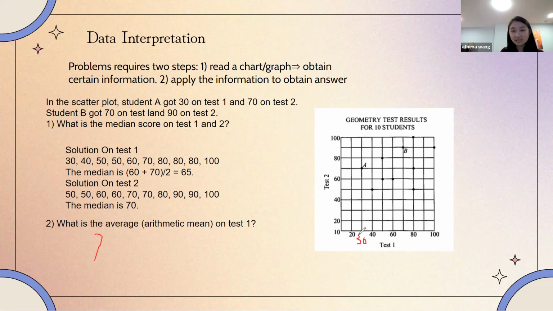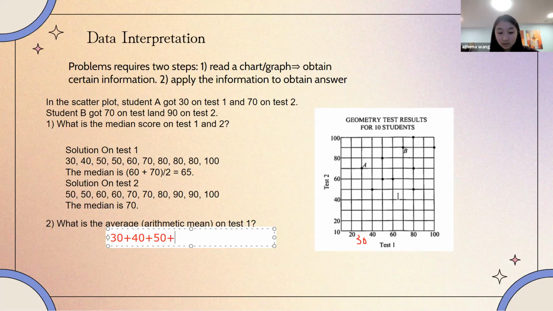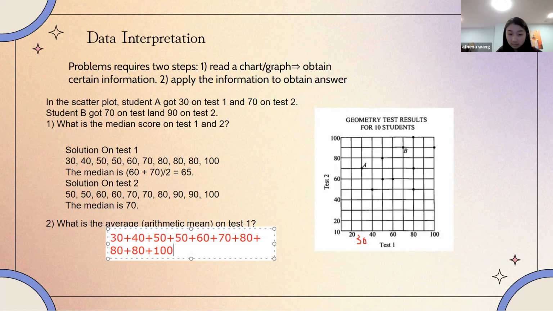This is not working. 30 for A plus the 40 for the second point afterwards. And then after that, there are two 50s, so we add two 50s. And then we add on a 60, and then 70, and then 3 80s, and then 100. And there are 10 students, so we divide this whole thing by 10.